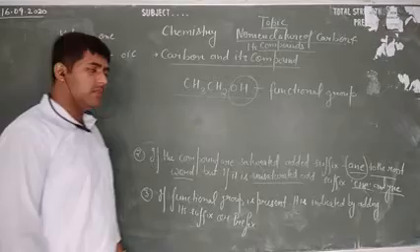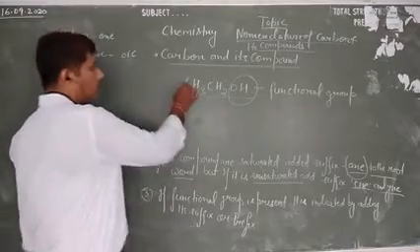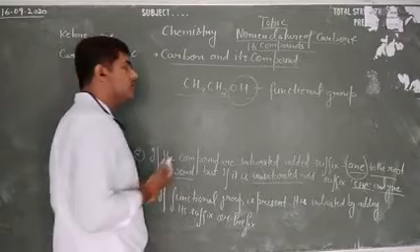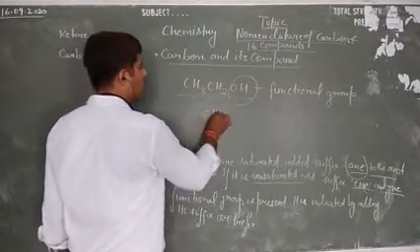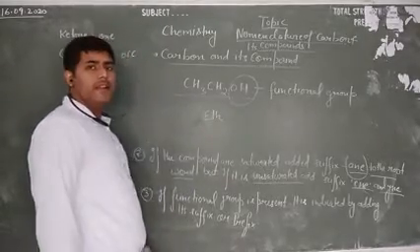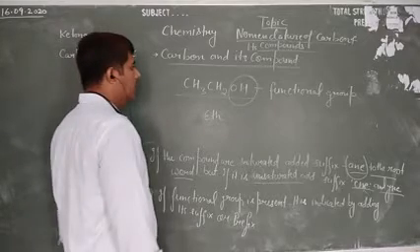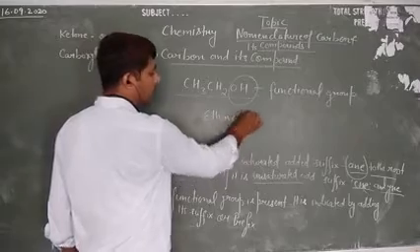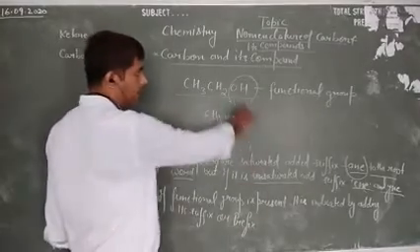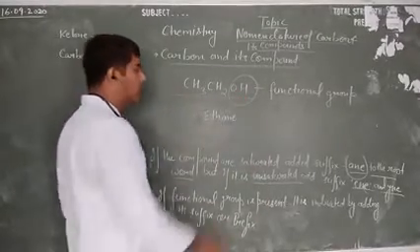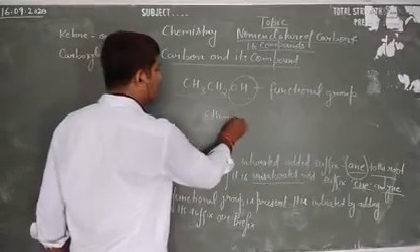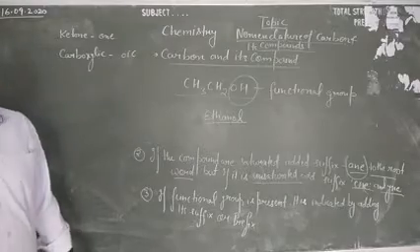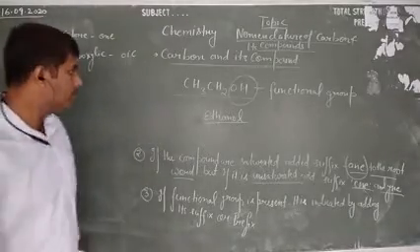Now count the number of carbon atoms: 1 and 2. How many carbon atoms? 2. So when there are 2 carbon atoms, we use ethane. And which functional group is here? OH. What is the name of this compound? Ethanol. Okay. After that, next.